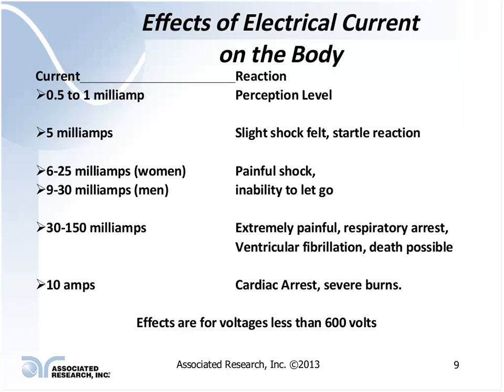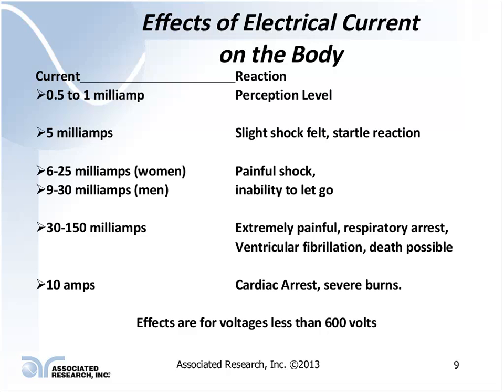We found through a bunch of testing that has been done over the years that anywhere from about 0.5 to 1 milliamp of current is your perception level. 5 milliamps of current can create a startle reaction where you kind of jerk back, and a slight shock is felt.